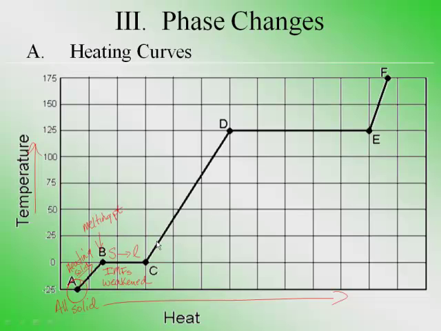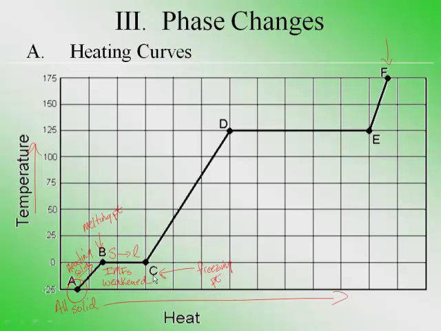When I hit point C, now this is going to sound a little weird because I'm on a heating curve, but point C is actually my freezing point. So if this was a cooling curve and I started at F and worked my way down, then C would be considered my freezing point, which would be the first point that solid appeared in this process.